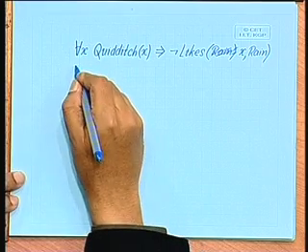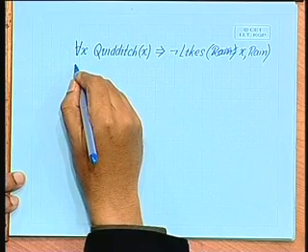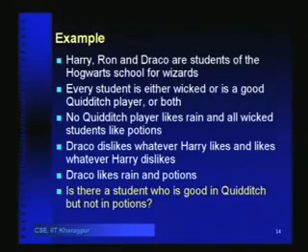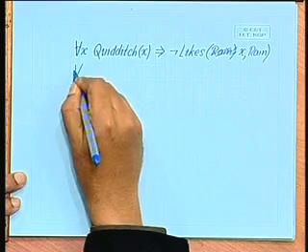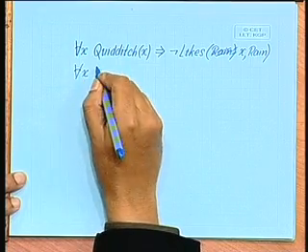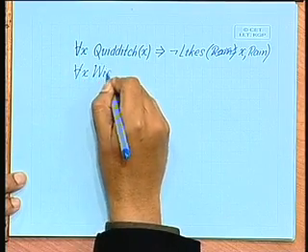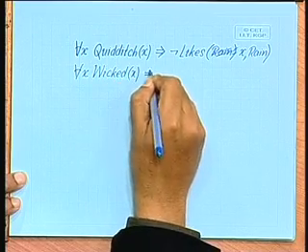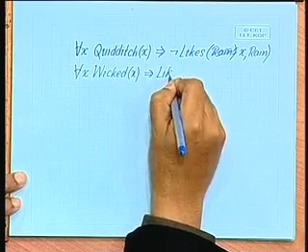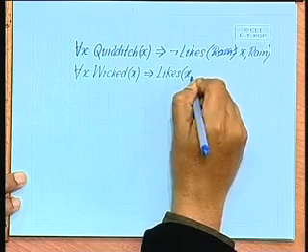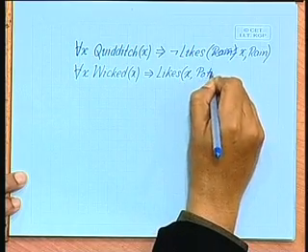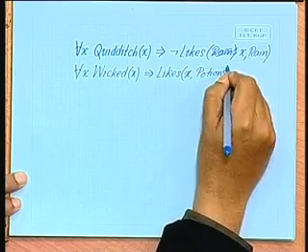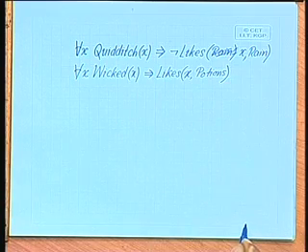And then we have that all wicked students like potions. So for all x, wicked x implies likes x potions.